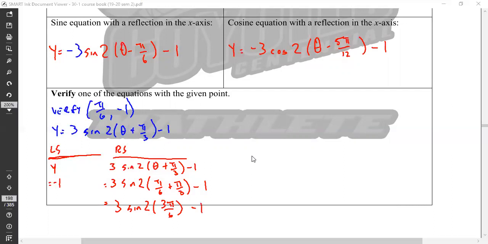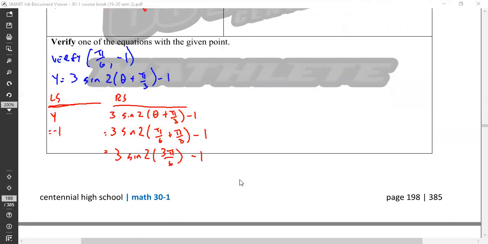If you're okay with that, I skipped half of the step there. Pi over 6, and I'm adding 2 pi over 6, right? If I convert pi thirds, that's 2 pi over 6. I simplify this, so 3 times sine. 3 pi over 6 is pi over 2, times 2 is sine of pi. That's what this all is going to melt down to.